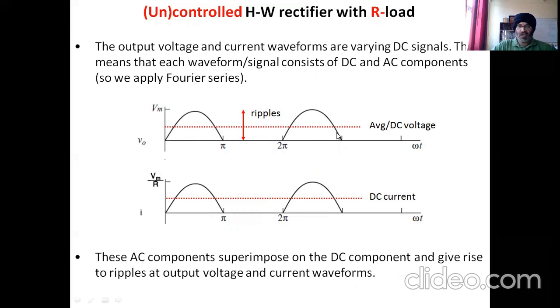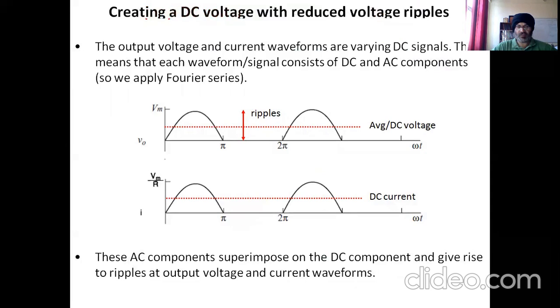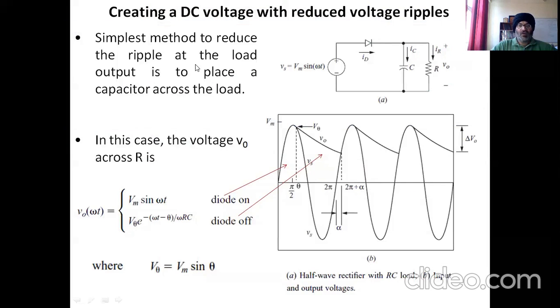Due to the AC components being superimposed on the DC component, they cause harmonics because of the ripples. So we can analyze the AC harmonic content of the DC component using Fourier series. We'll do that at the end of this chapter. But okay, that was the analysis part, that using Fourier series, we can analyze the content of ripples in the output.